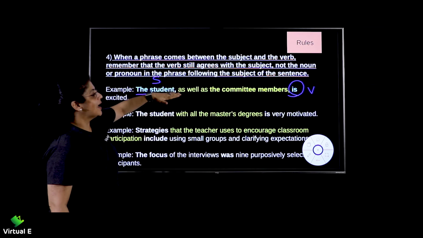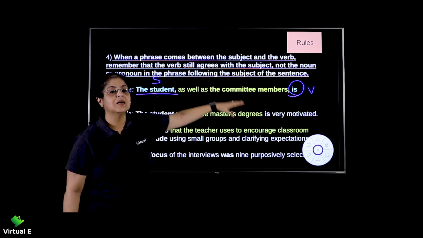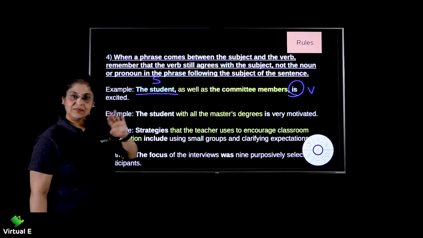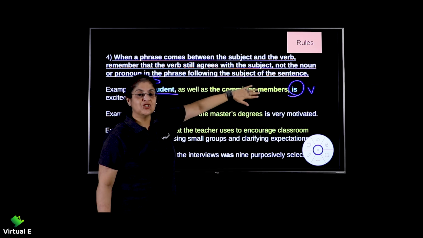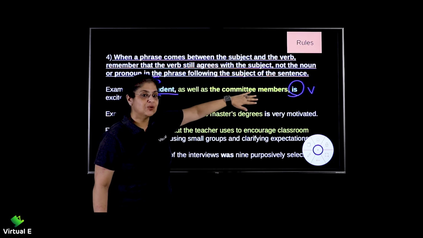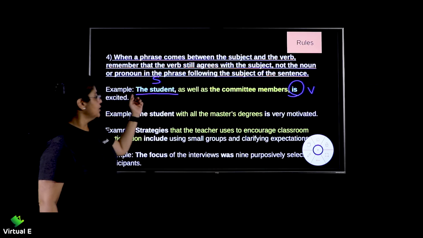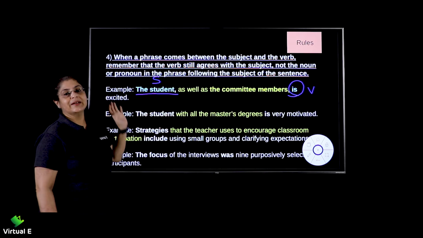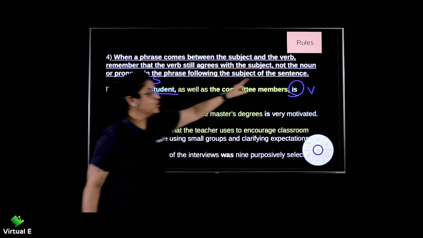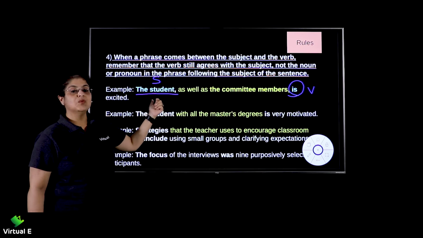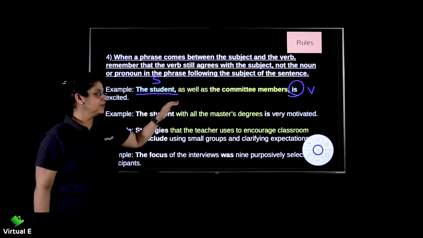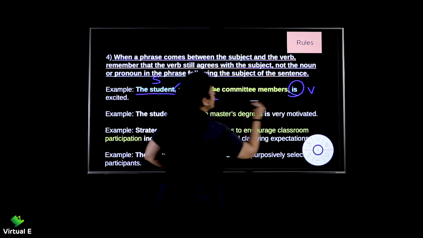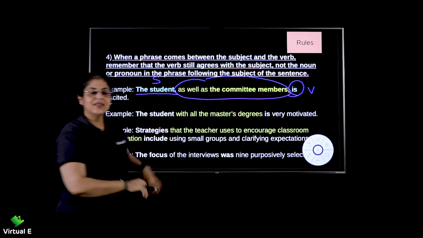What is the phrase? As well as the committee members. Now, this is just to scare you, to confuse you. Forget this part. The student is excited. So, what has to happen? Your verb has to agree with the subject. Clear? This thing is just a phrase in between.